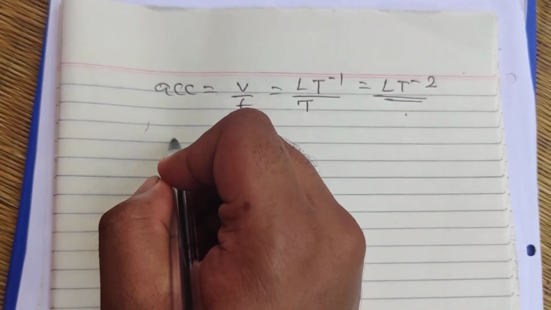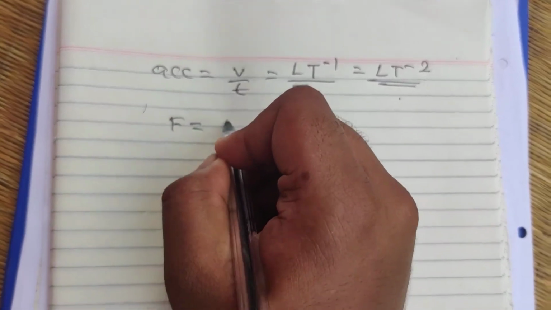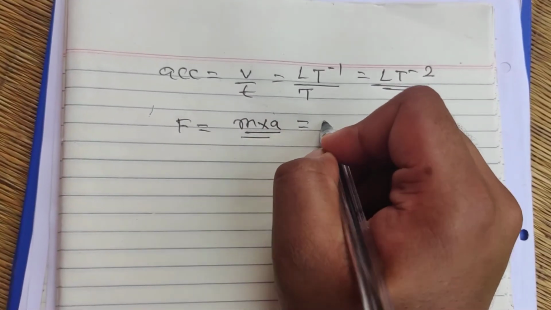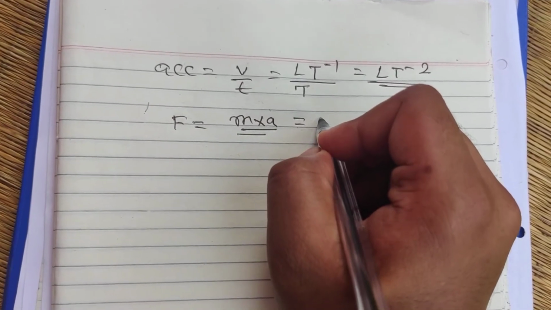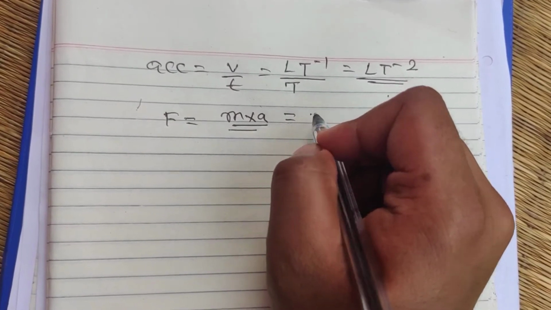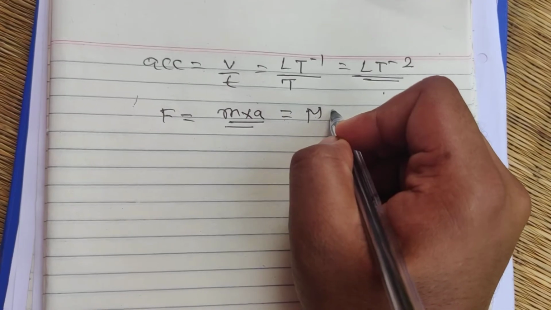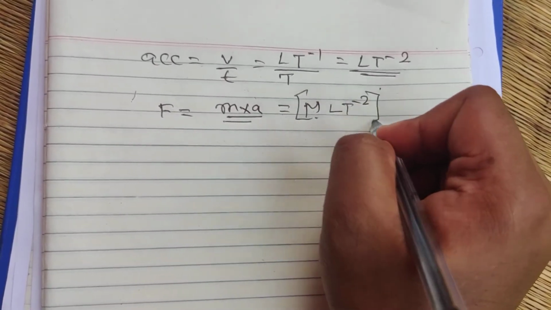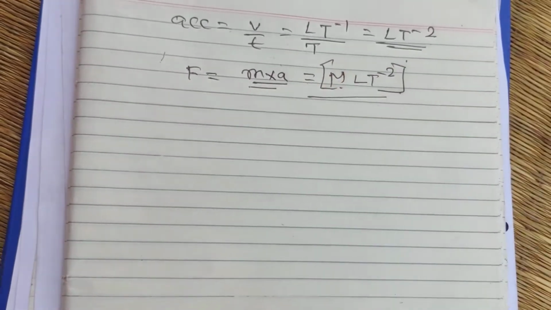Now suppose we need to find out the dimension of force, which is equal to mass into acceleration. Mass is M, and acceleration we found out as LT to the power minus 2. So this is the dimension of force.